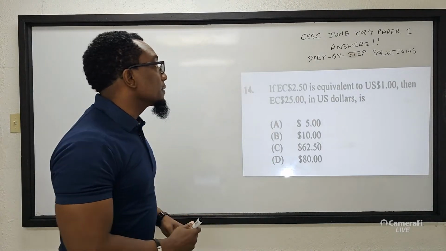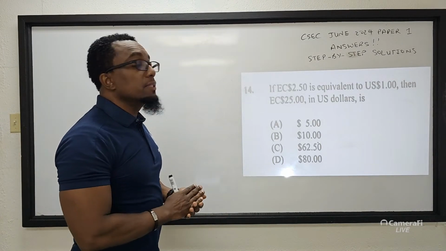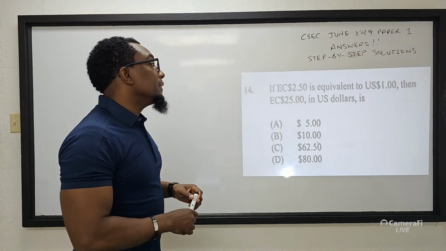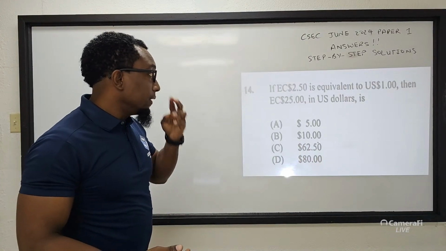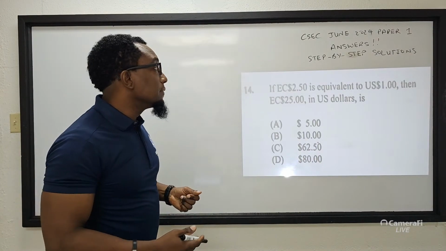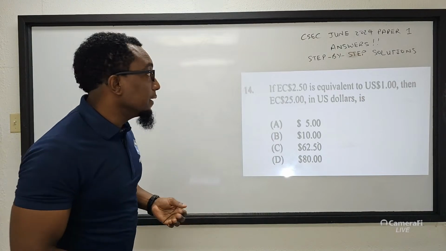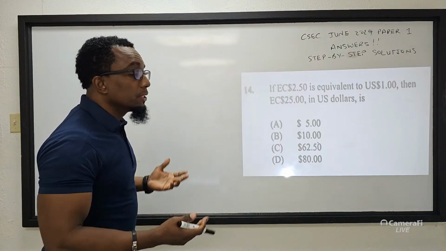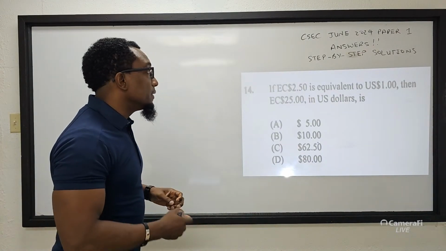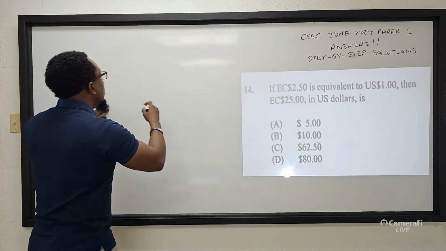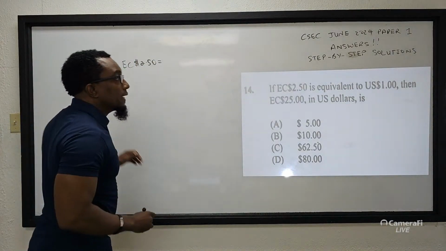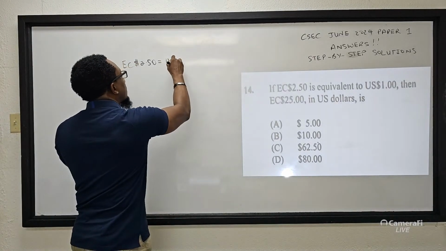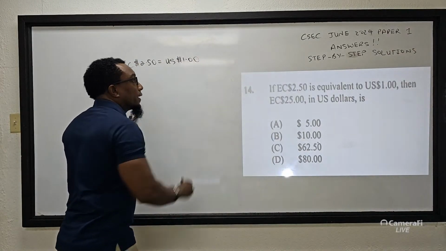If EC $2.50 is equivalent to US $1, then EC $25 in US dollars is. Again, we deal with currency and we want to convert from one currency to the other. So we establish a relationship between the two currencies. Initially we know EC $2.50 is equivalent to US $1.